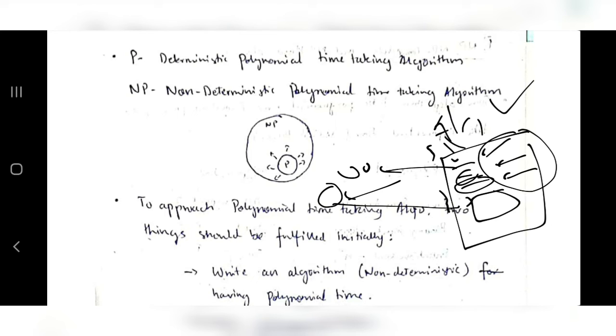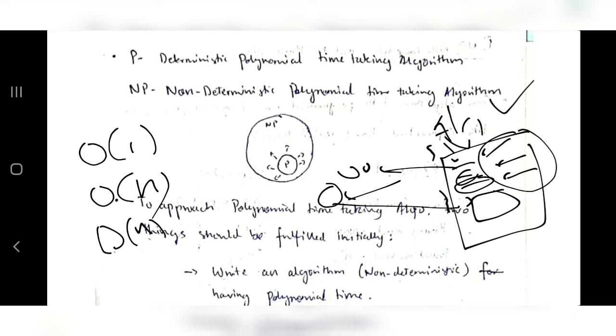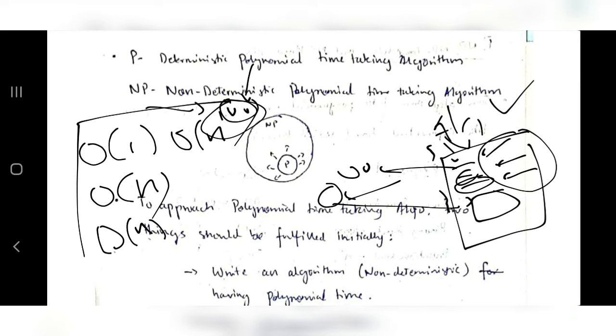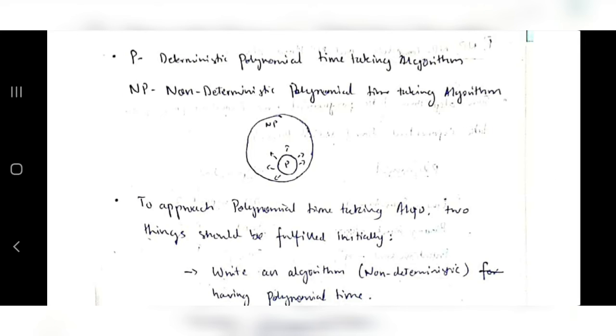That means if we calculate the time complexity, it will be in the order of 1, order of n square, or even order of n to the power 100. That's also polynomial only. Don't get confused, it's polynomial because the power is a constant. So if the time complexity lies in the polynomial range and it is deterministic, we can call it a deterministic polynomial time-taking algorithm.